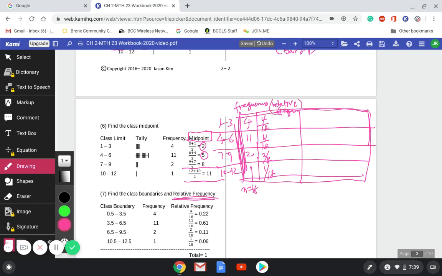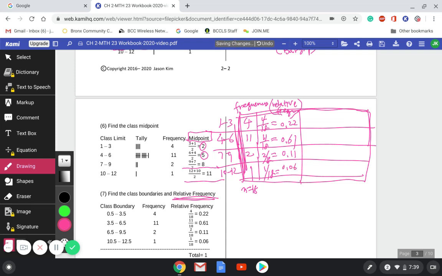So relative frequency is the fractional portion or decimal portion out of the total of that frequency. That's why they call it relative frequency. So 4 divided by 18 is about 0.22. 11 divided by 18 is about 0.61. So you have to use a calculator if you want to be more accurate. 2 out of 18 is 0.11, and 1 out of 18 is 0.06.